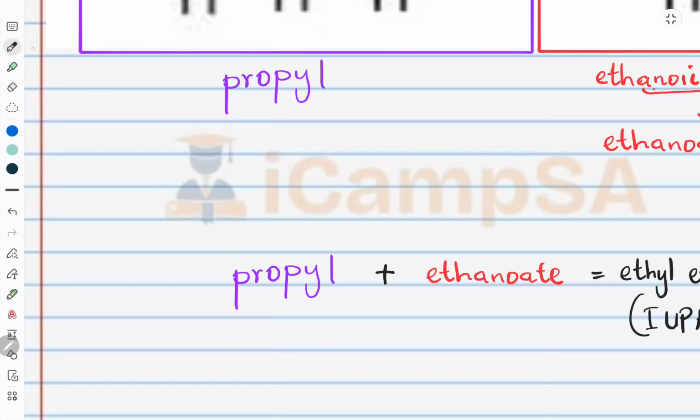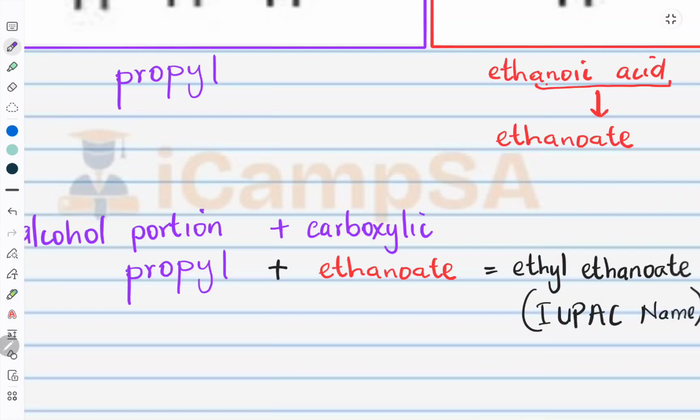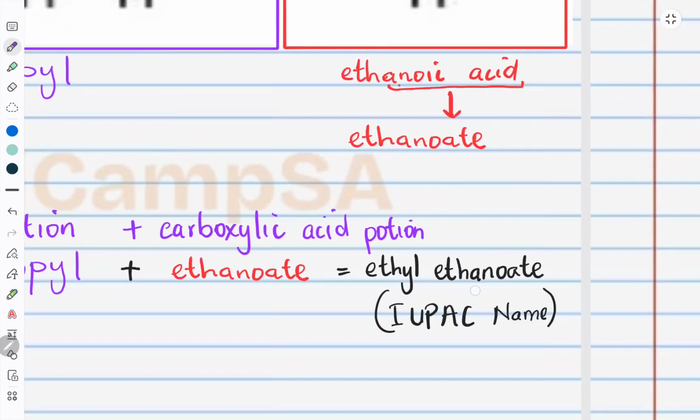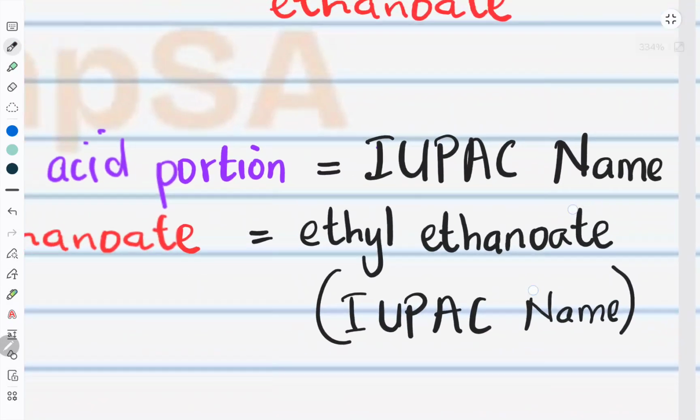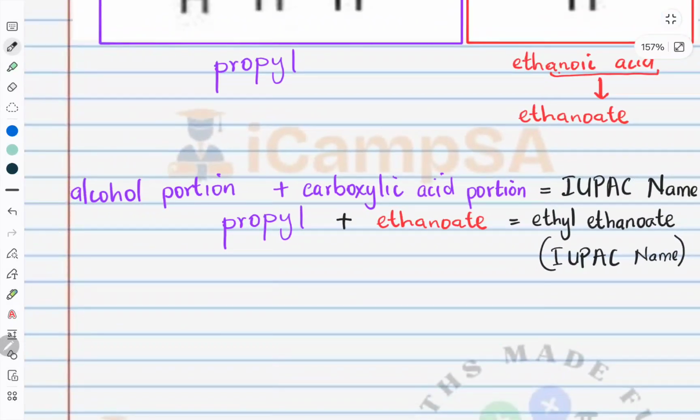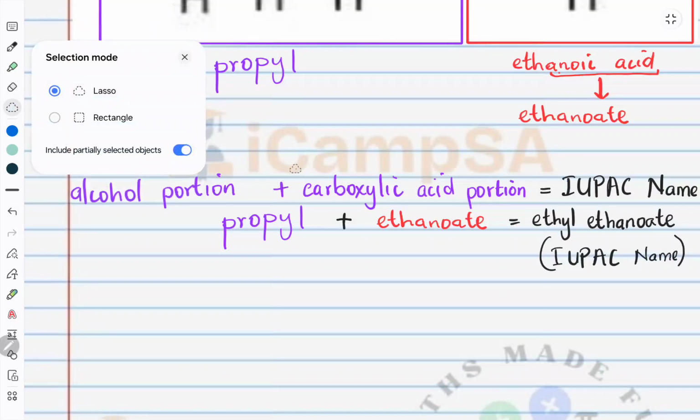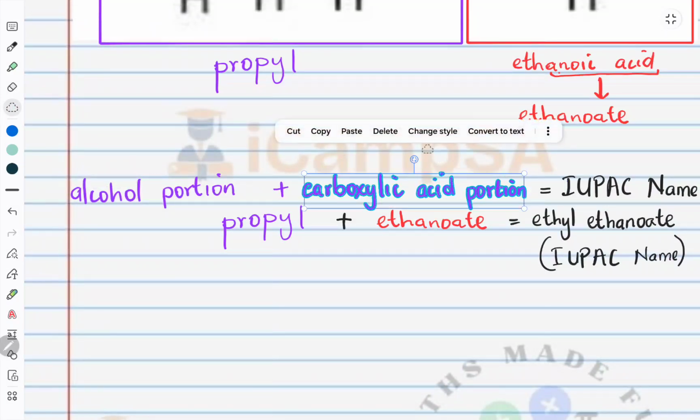Okay, so like we said, it's simply the alcohol portion, and remember this is on the rules to naming carboxylic acids, plus the carboxylic acid portion. We have the carboxylic acid portion plus the alcohol portion to then get the final IUPAC name. Okay, so this is how it works.